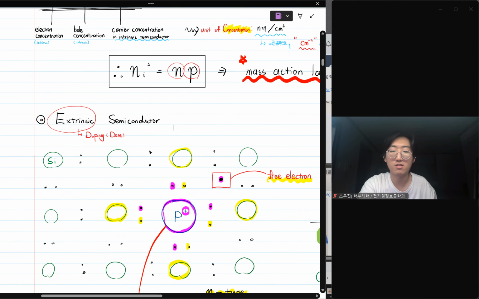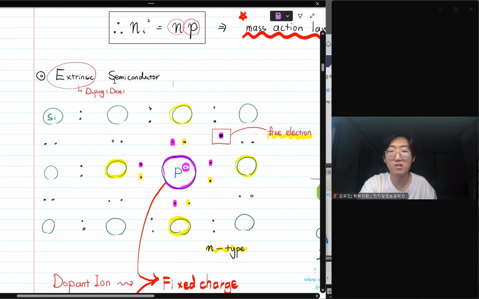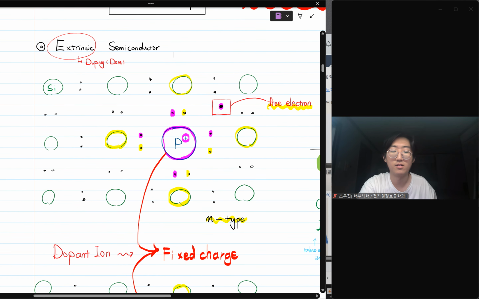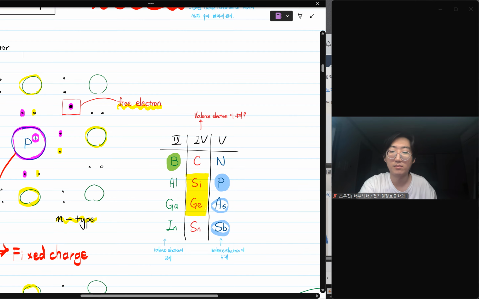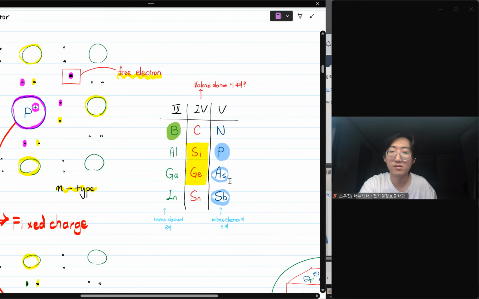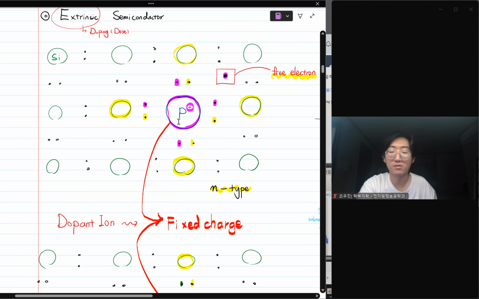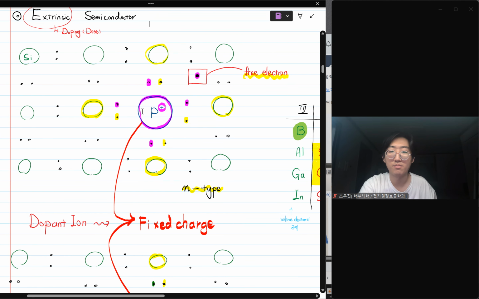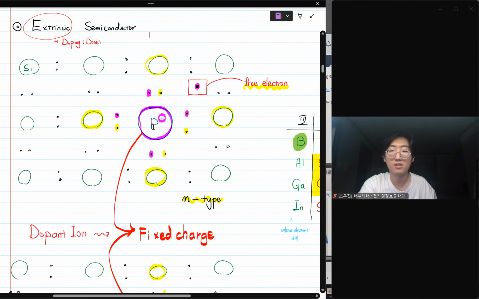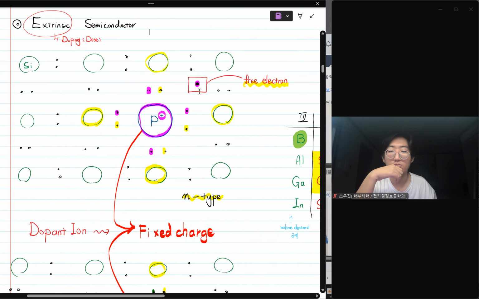Next I'm going to talk about extrinsic semiconductors. An extrinsic semiconductor is a semiconductor doped with another element, like this one. If there is P, there is one more electron in this element.